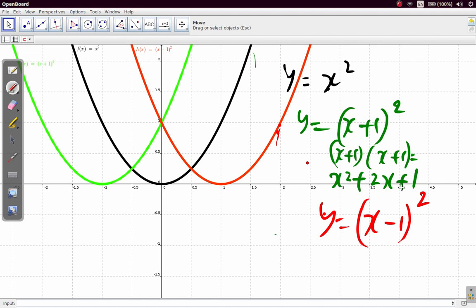That's what we would have, right? Now, x squared plus 2x plus 1 is the same as x plus 1 squared. If you have this one originally, the x squared plus 2x plus 1, what you would need to do is complete the square to get x plus 1 all squared.